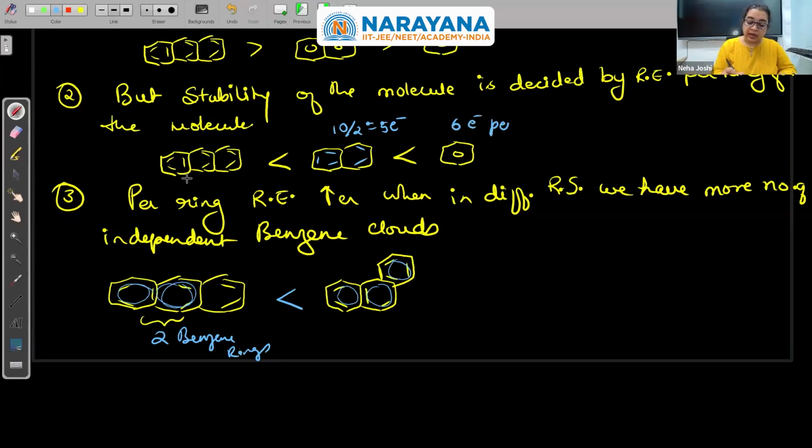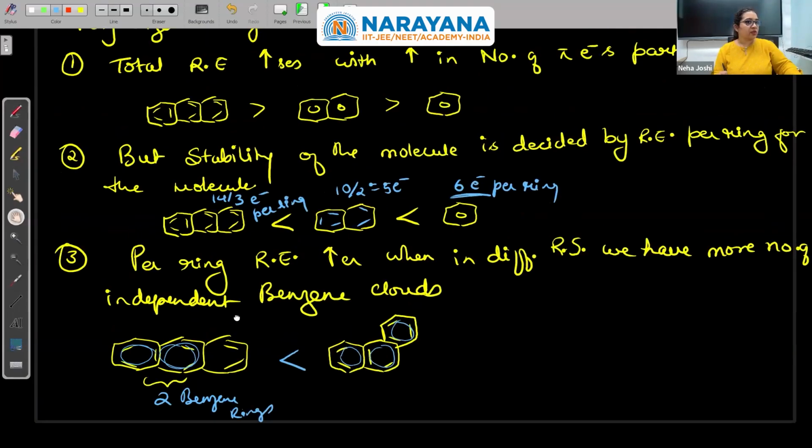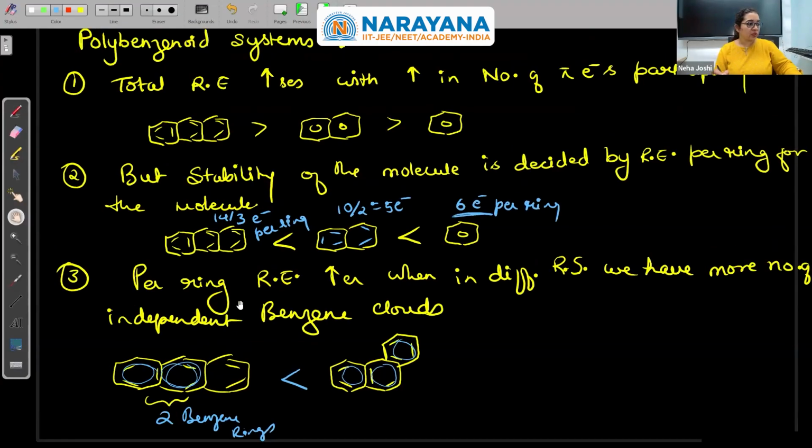And here I have 7 pi bonds, 14 electrons, so 14 by 3 electrons per ring. The more this value is, the more will be the per ring stability. So please take care of this factor. If possible, take a screenshot of this page. It will help you till phase 3.